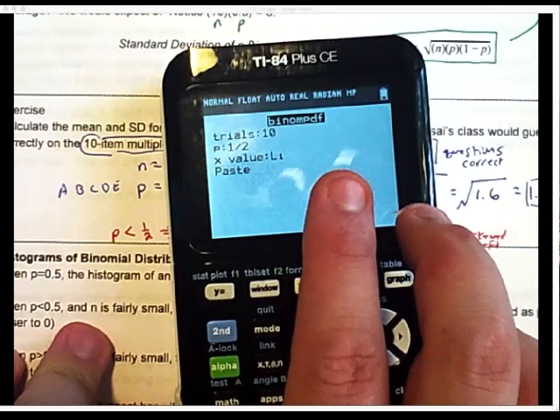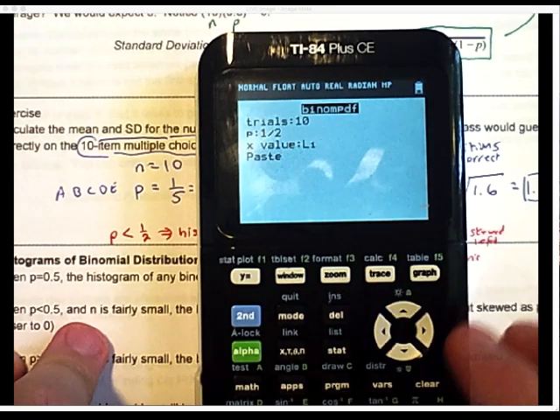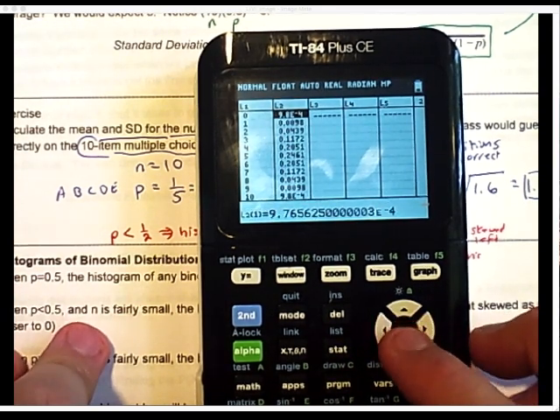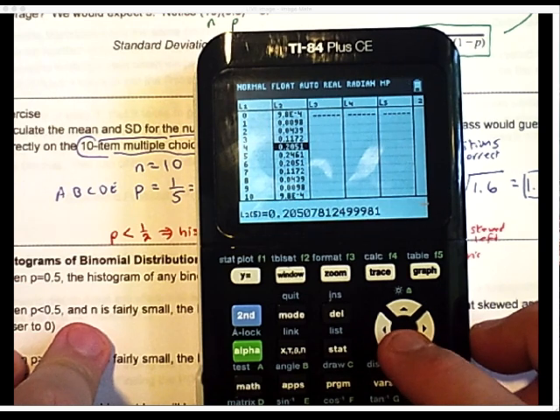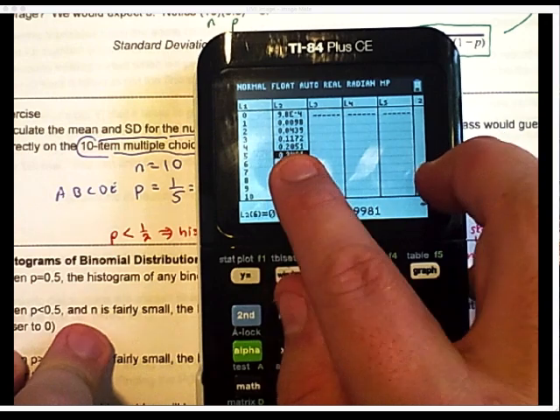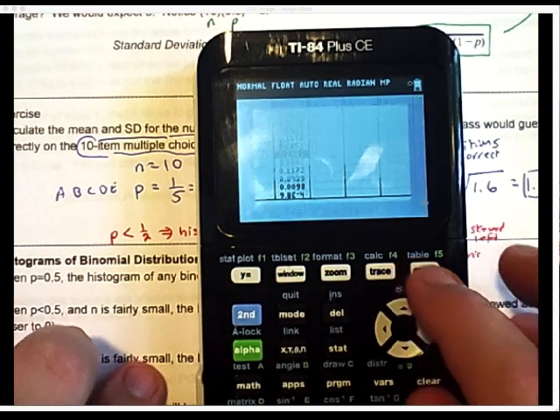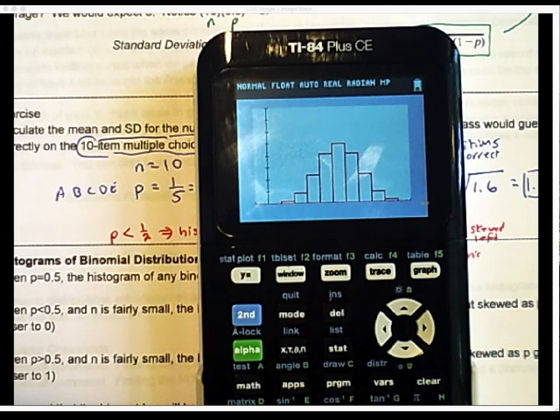Say it was a true-false test. And look at the numbers now. The probability of 5 is the biggest because that's the mean. And if I look at that histogram, it's perfectly symmetric.